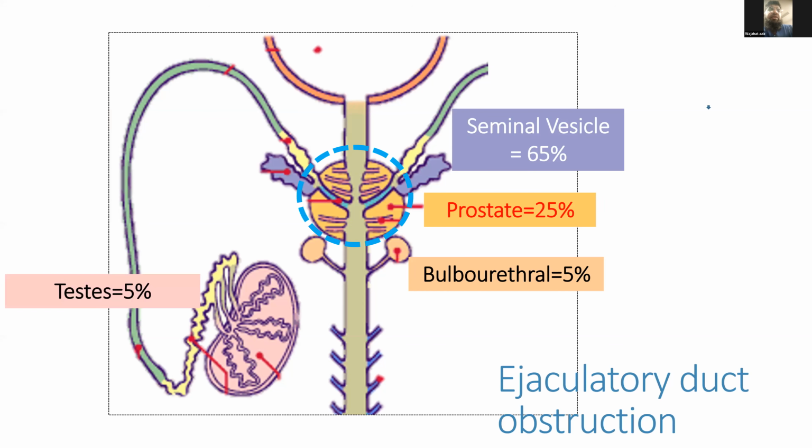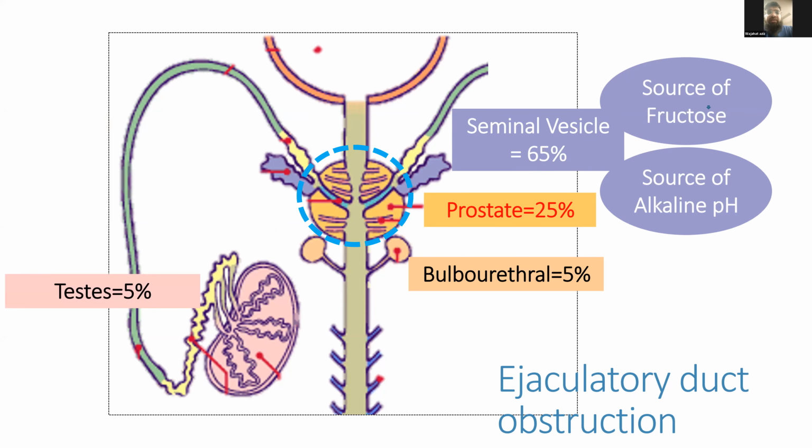So if you have an obstruction at this level around the prostatic area by an ejaculatory duct cyst, you would have a low volume ejaculate. And this is also the source of fructose and alkaline pH. So whenever you have a low volume ejaculate, consider these two factors, because low volume ejaculate is also possible with pituitary causes and in some cases of testicular obstruction.